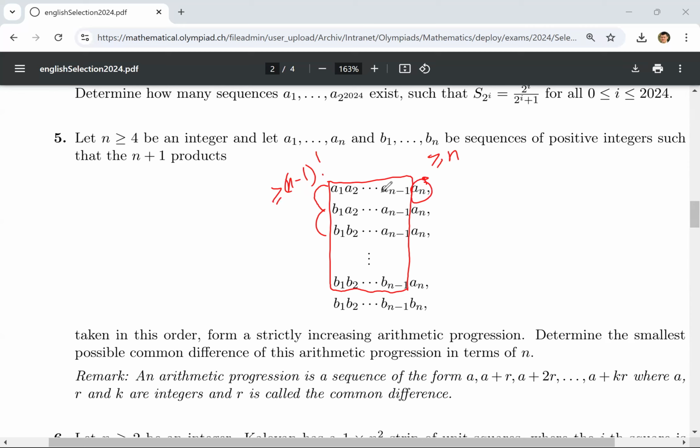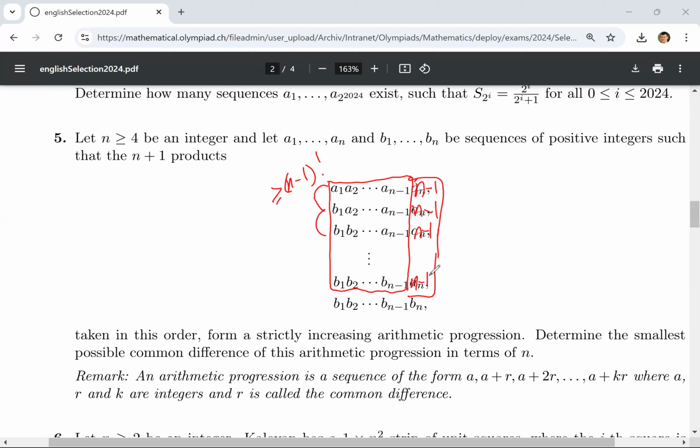Okay. So now let's suppose these are all less than n. For example, it could be n minus 1 or something, right?